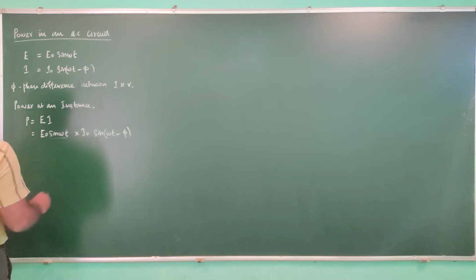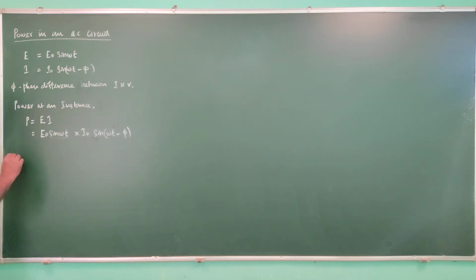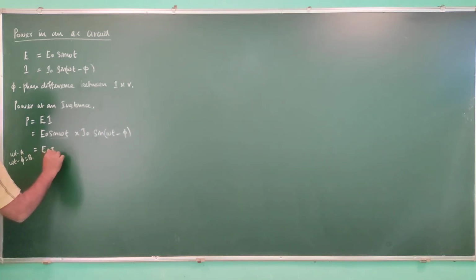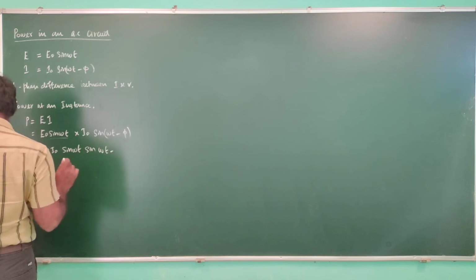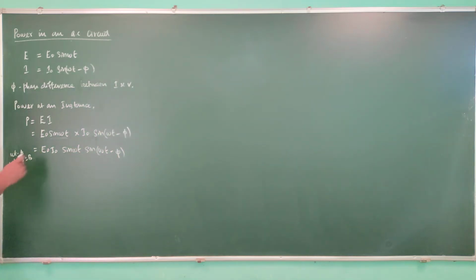So let's say if we take omega t equal to A, omega t minus phi equal to B, you can rewrite this as E naught I naught sin omega t into sin (omega t minus phi), so that it will look like sin A into sin B, the product of sin A and sin B.